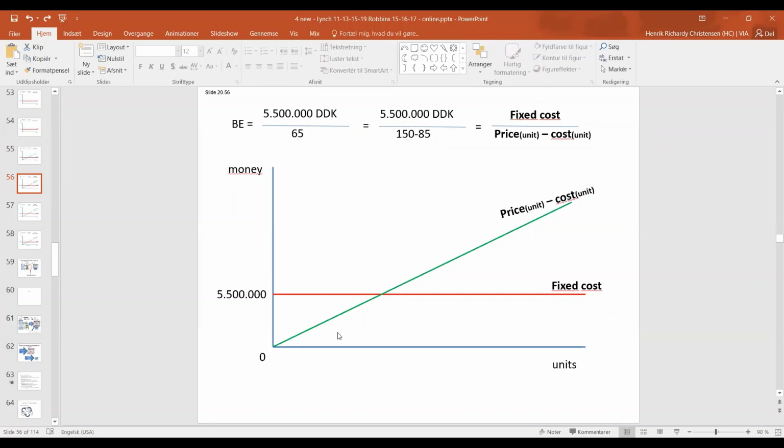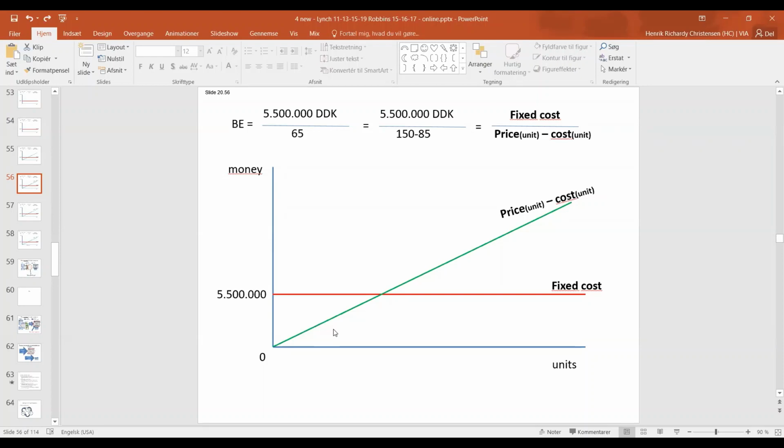It simply means down here, if we sell 1 unit, then we have earned this amount of money. If we sell 2 units, we have earned this amount of money. If we sell 3 units, we have earned this amount of money.